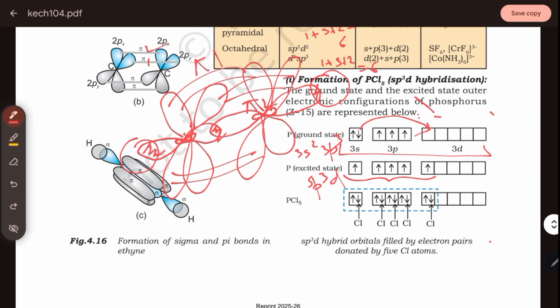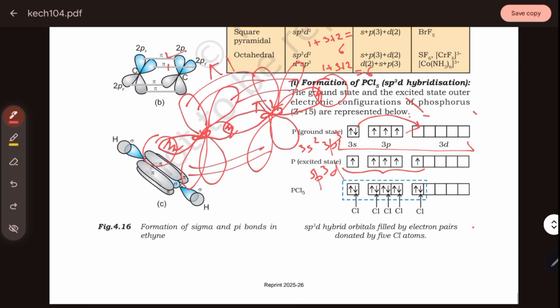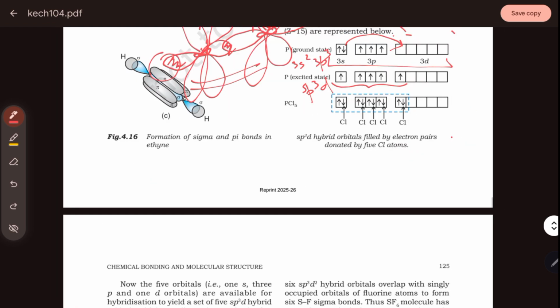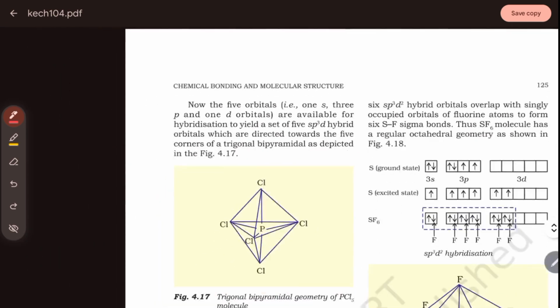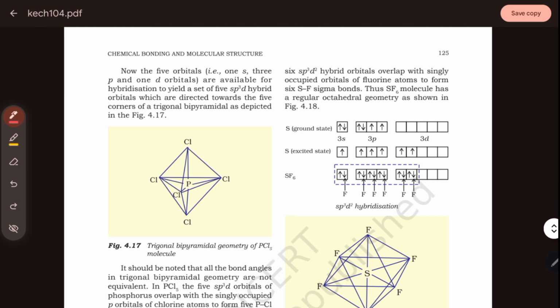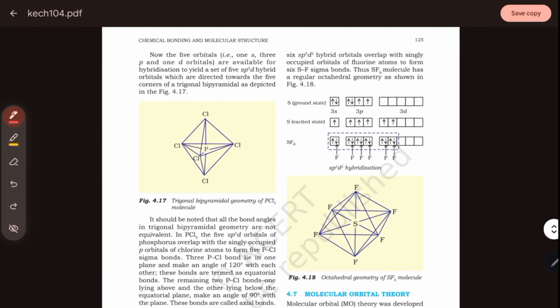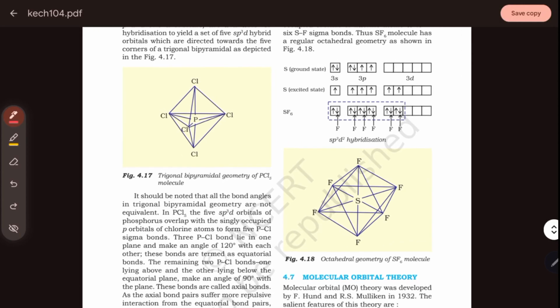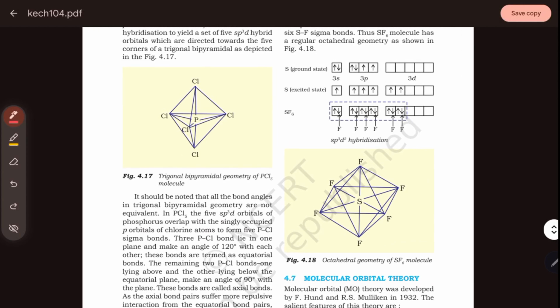And chlorine gives 1 electron for hybridization, for formation of the sigma bond, rather I'll say. So this is the structure, TBP structure. So always remember that you count the number of sigma bonds and see what hybridization you are obtaining.